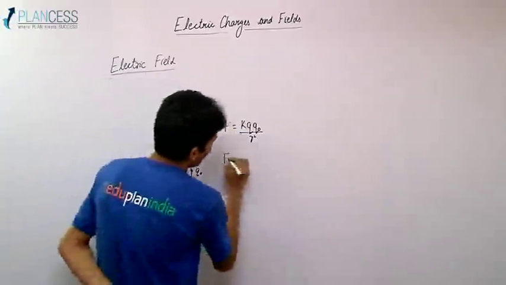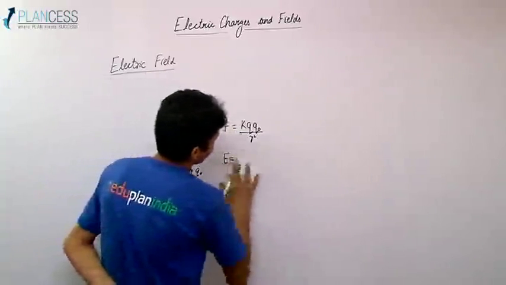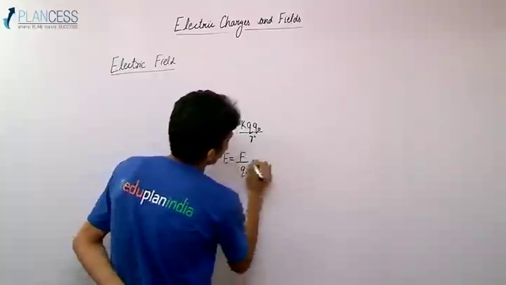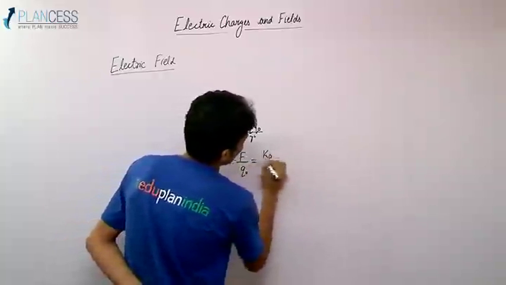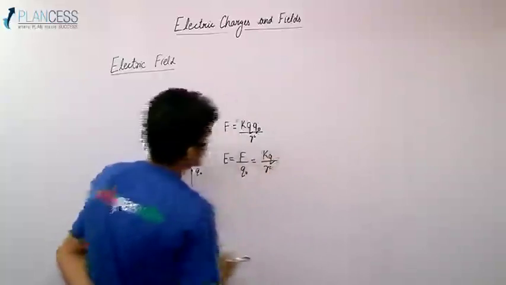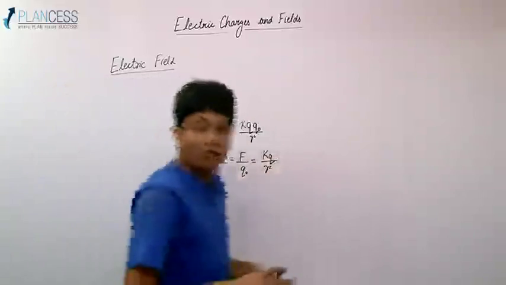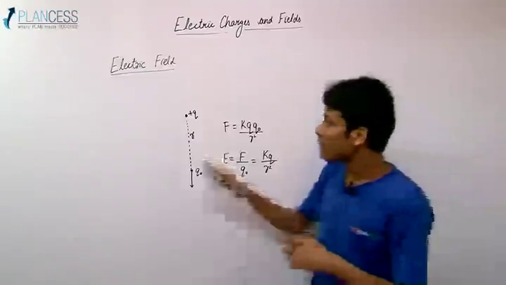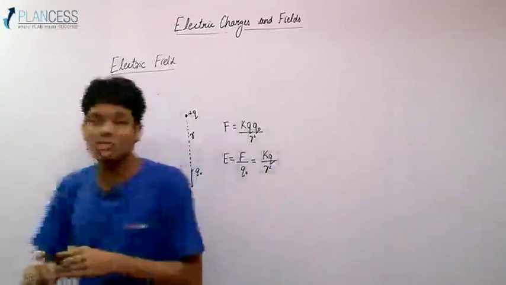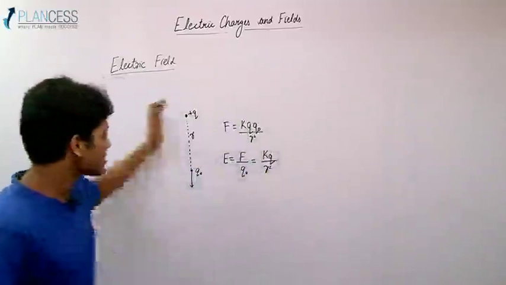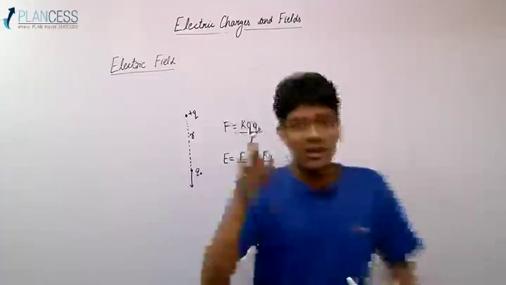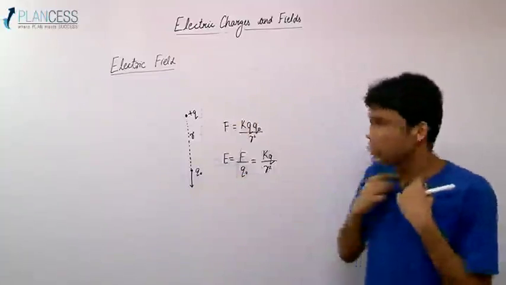So the formula for electric field can be written as F upon Q0, which is K Q divided by R square. So the electric field exerted by a point charge Q at a distance r is equal to KQ upon R square, in the direction radially outward.